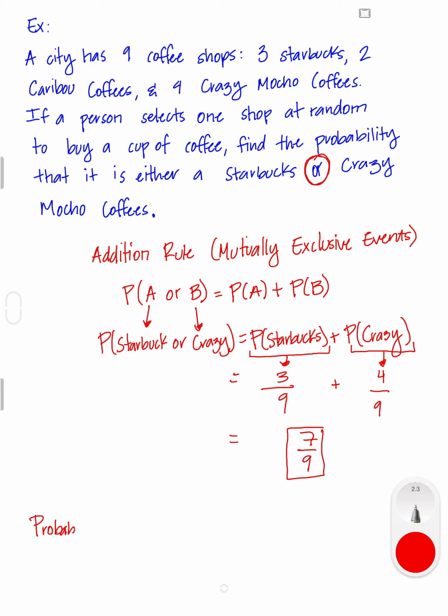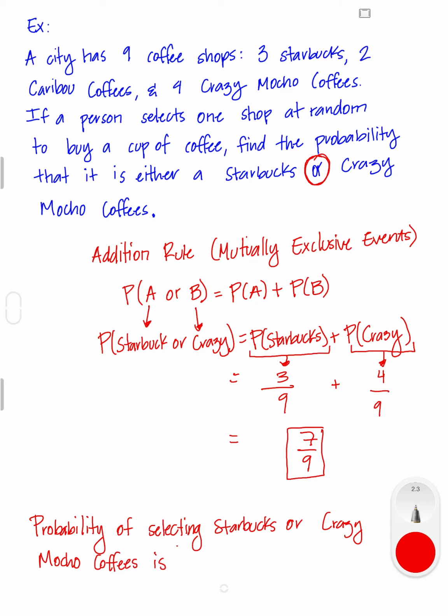So the probability of selecting Starbucks or Crazy Mocha coffees is 7 out of 9. And that is our solution for this mutually exclusive problem.